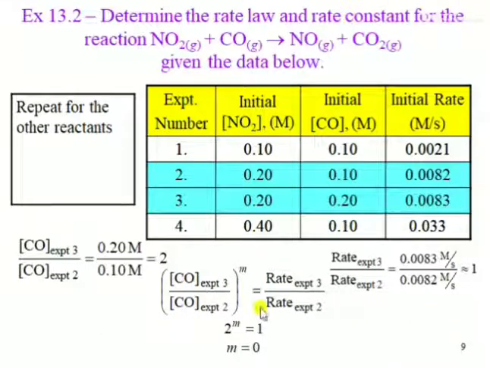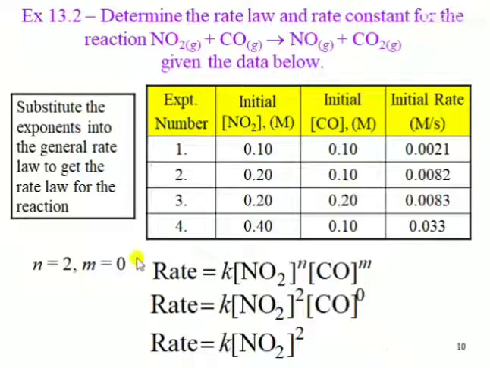So if we compare it, 2 to the power M is coming as 1, which gives us the value of M as 0. So from the experiment, we come to know that the value for N is equal to 2 and the value for M is equal to 0, which we now denote here.